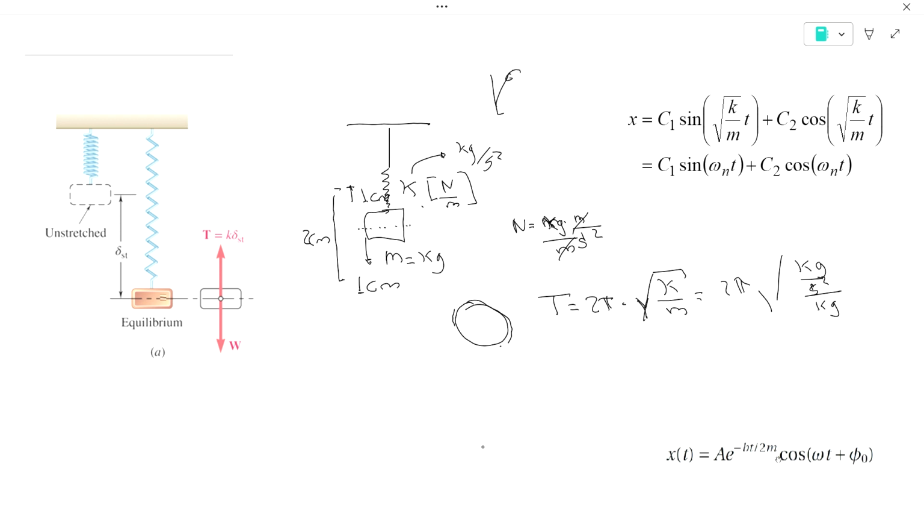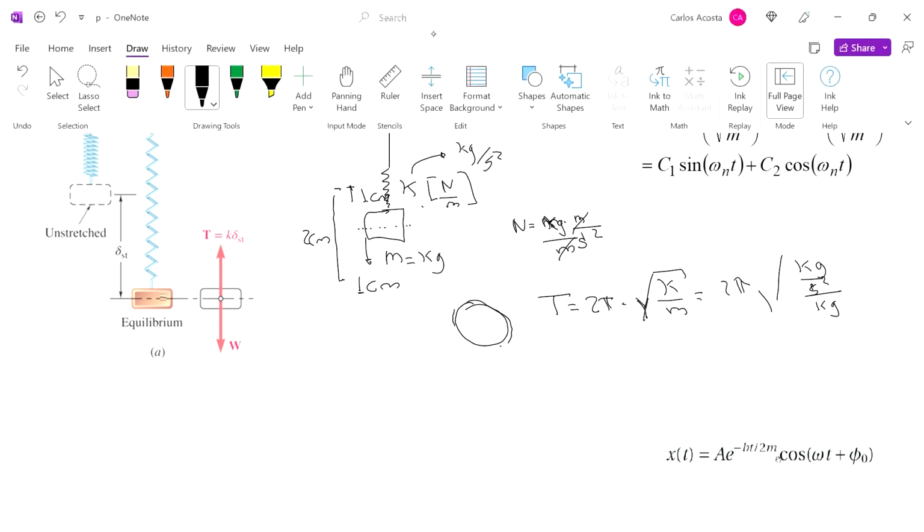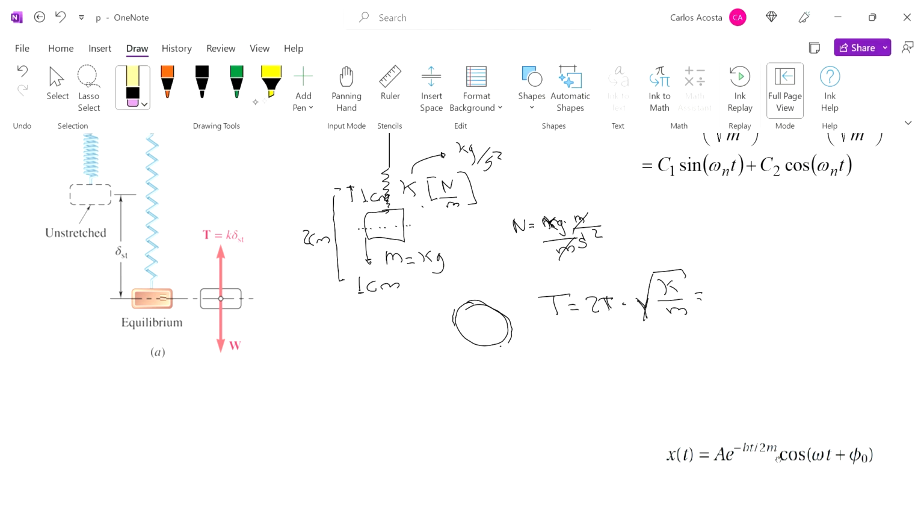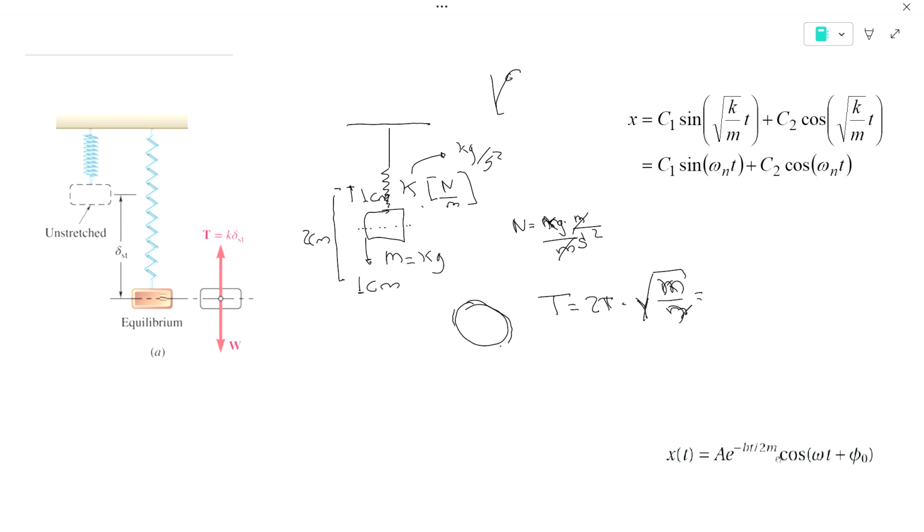So actually, I think that I have a mistake here. I'm gonna have to check my notes, but if period is in seconds, then I need m over k, right? That's why I want to work out my units here. Because it will be 2 pi times the square root of m, which is kilograms, over 1, divided by kilograms per second squared.